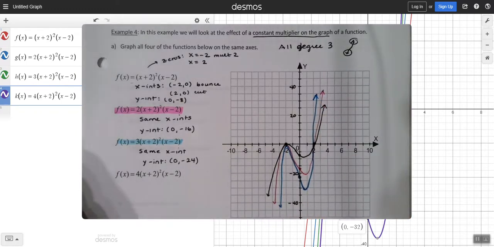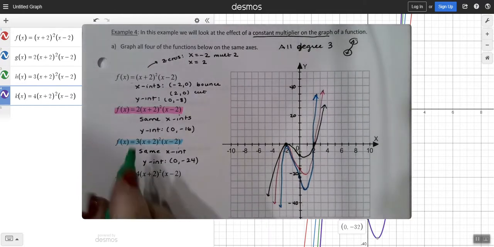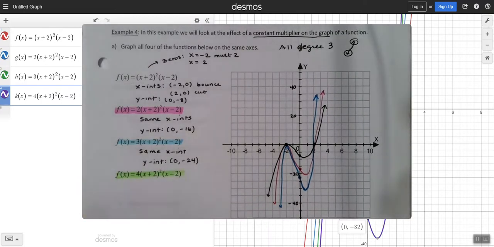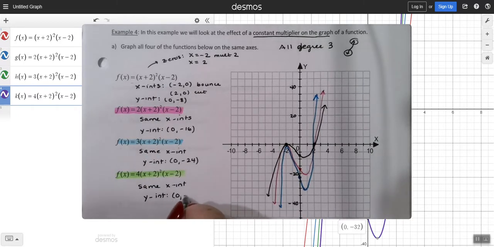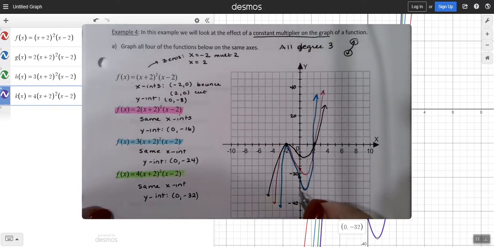And of course, Desmos is a much prettier graph than I do, but we get the idea. And then finally, when we multiplied by 4, we still have the same x-intercepts. But all of the y values, including the y-intercept, are multiplied by 4. So we're now at 0, negative 32, about here.